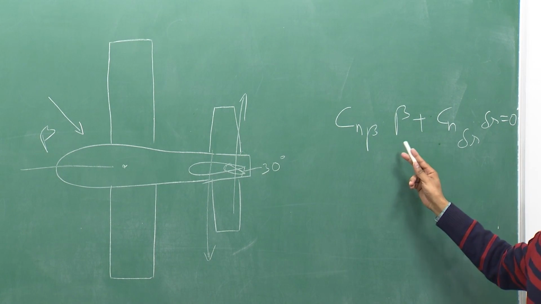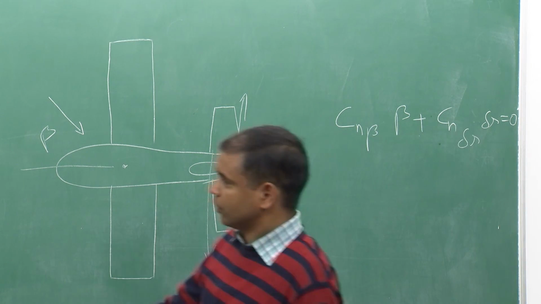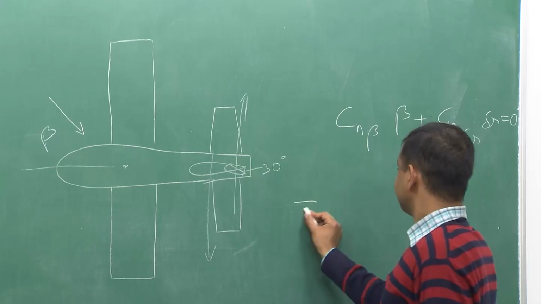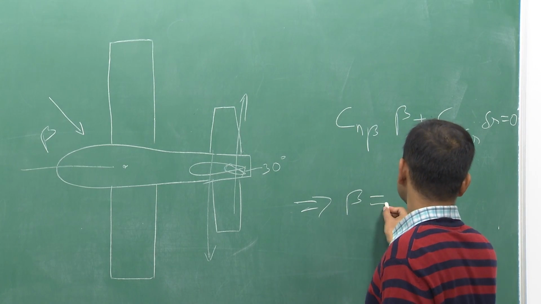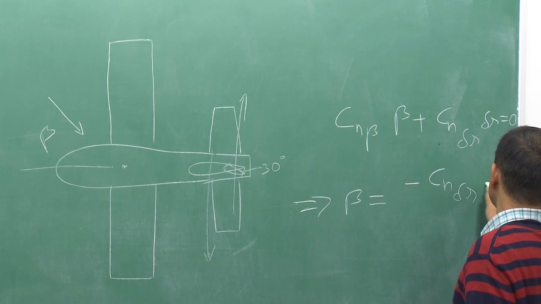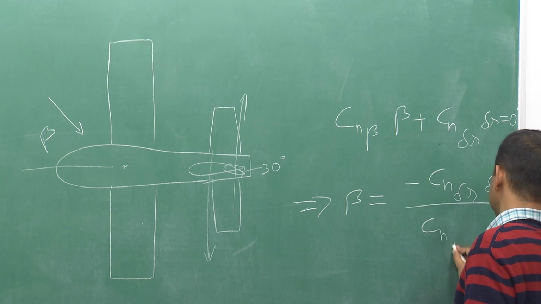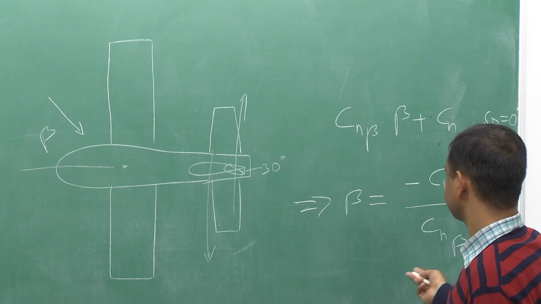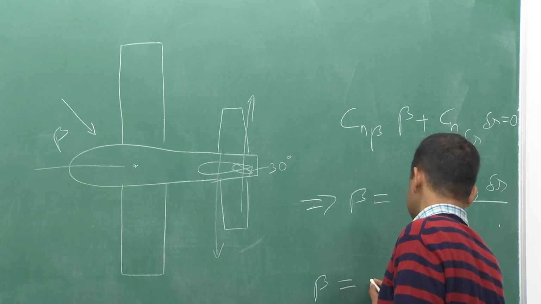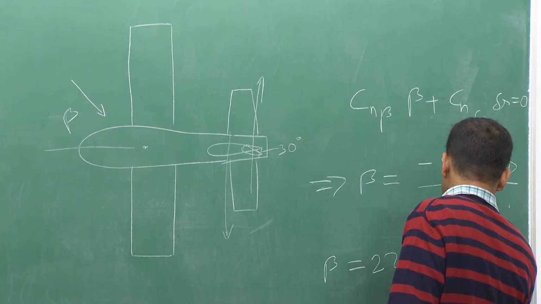Do not get confused with this positive sign, because this Cn delta r is already negative. So, this is taken care of, and from here I can write beta is equal to minus Cn delta r into delta r divided by Cn beta, and if I substitute these values in this equation, I will get beta is equal to 22.5 degree.